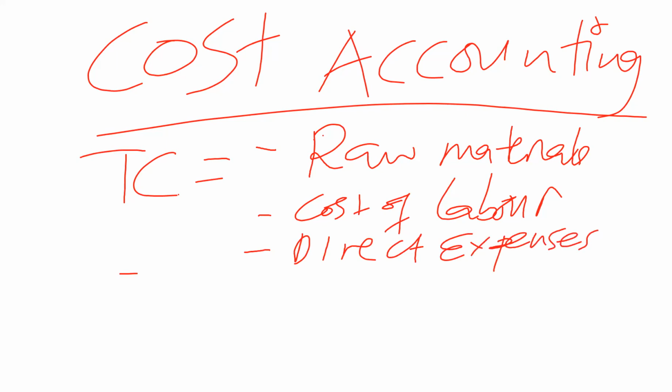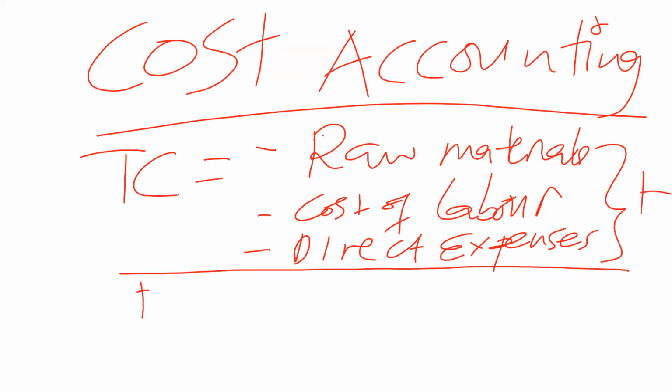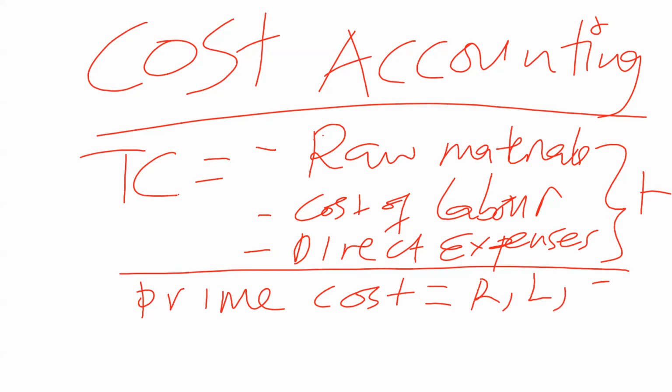When you sum all these costs, and you should pay attention to this, they give you what is called prime costs. Therefore, prime cost is made up of direct raw materials, direct labor, and direct expenses. So when you get all those direct costs, they give you what is known as the prime costs. Is that clear?